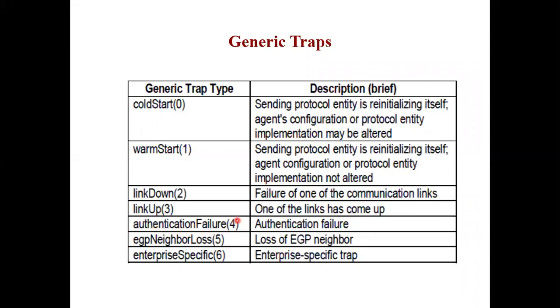I will just fill the field with number 4. So suppose in the trap message, in that parameter, I fill number 4. Okay, so it is decoded that yes, there is some authentication failure. The agent notifies the manager that there is some authentication failure, and then the manager will take a decision. We are not bothered about what decision the manager takes.